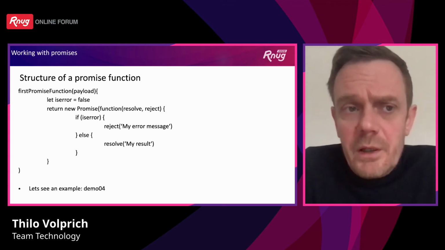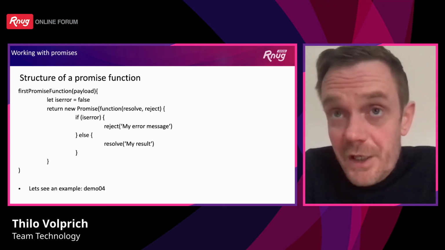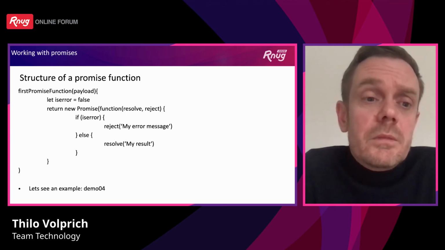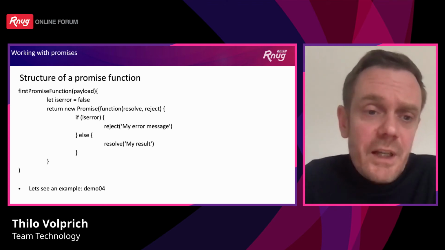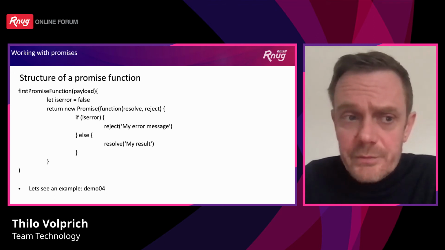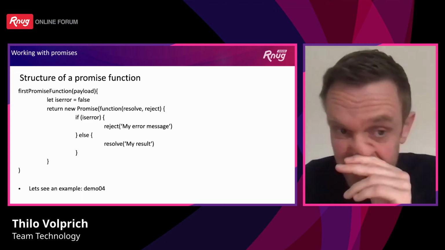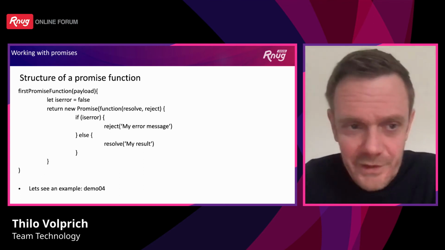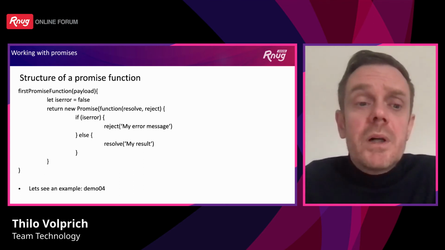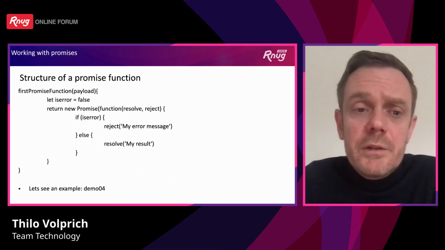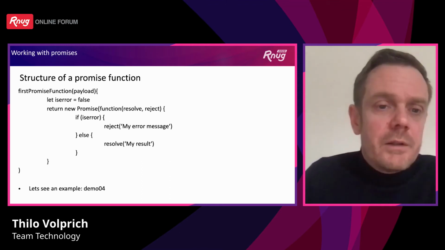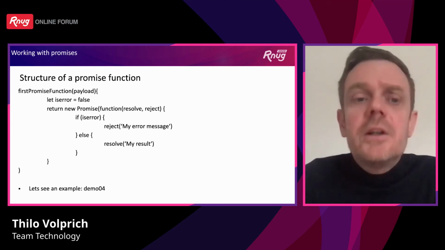This is how a promisified function looks like. It's very easy. We just return a new promise. So this is a function as you write it twice, 10 times a day. But the difference is you return a new promise, in the way you see displayed here.